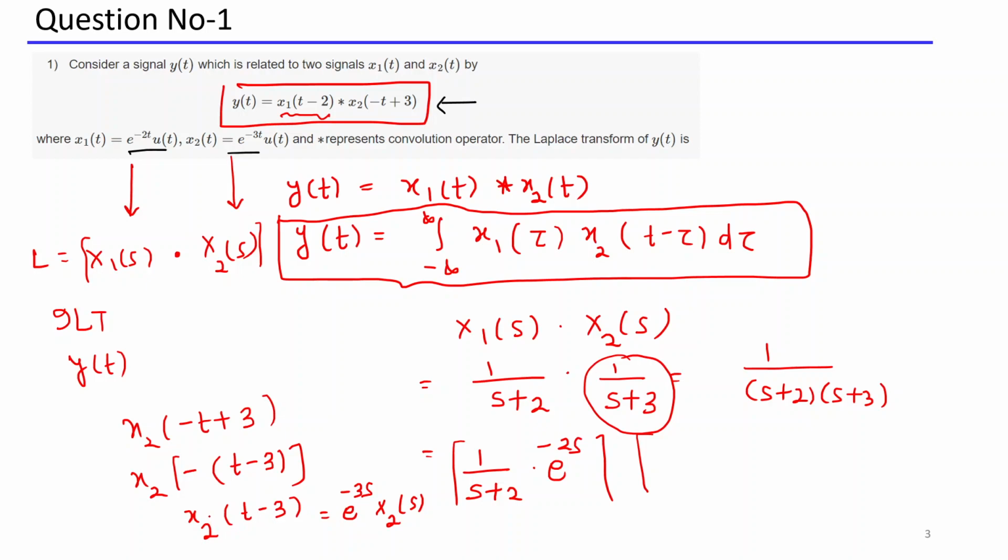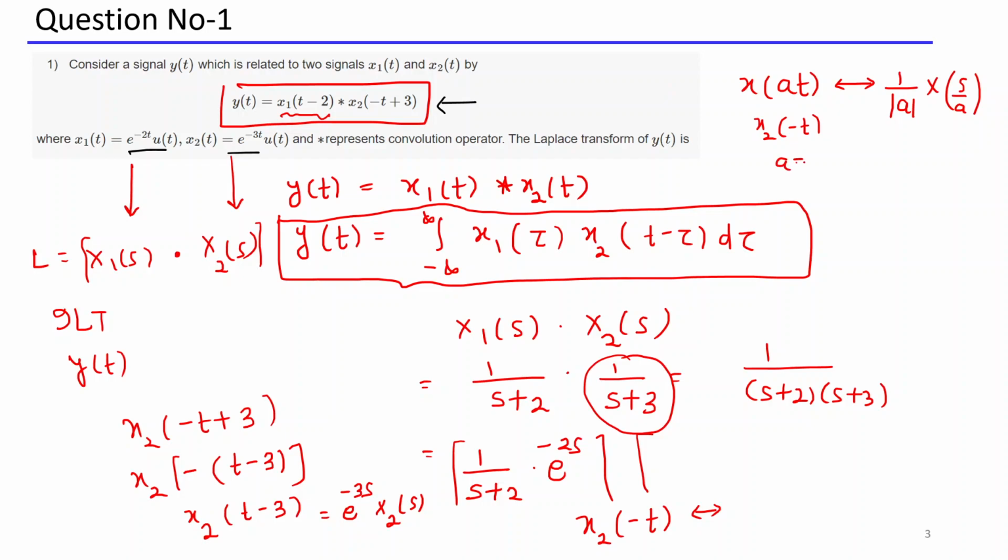Now whatever answer is coming, then you come to X2 of minus t. What is the Laplace transformation of this one? Anybody? This is the property: the Laplace transformation of x of at is 1 by mod a times X of s by a. In that case it is X2 of minus t, so a becomes minus 1 here.